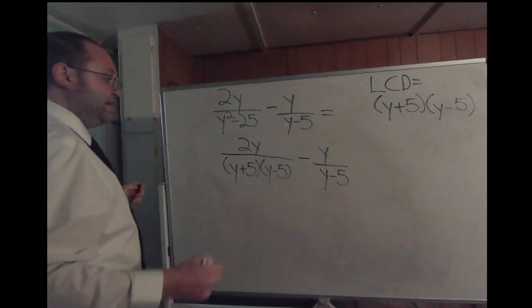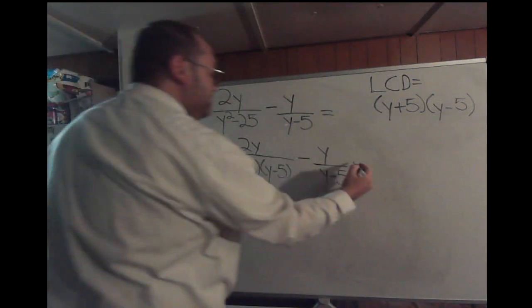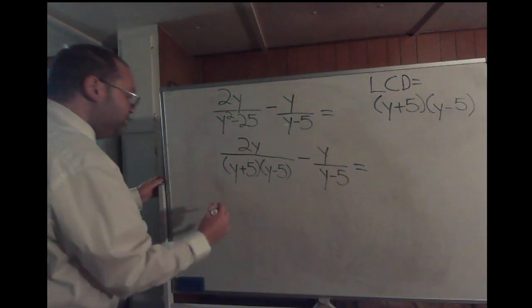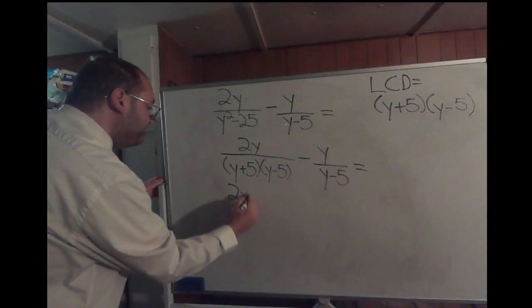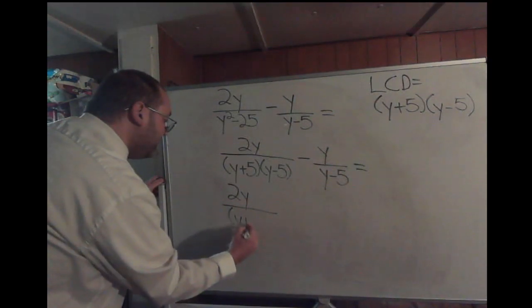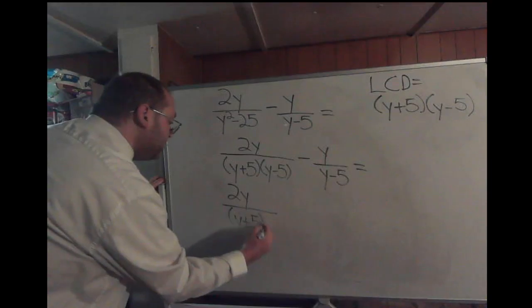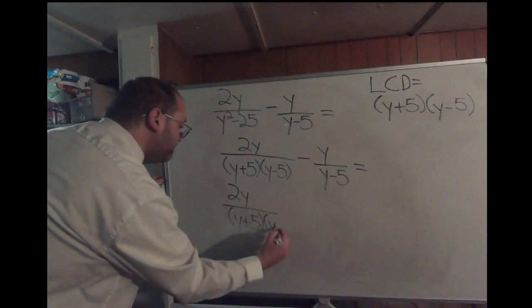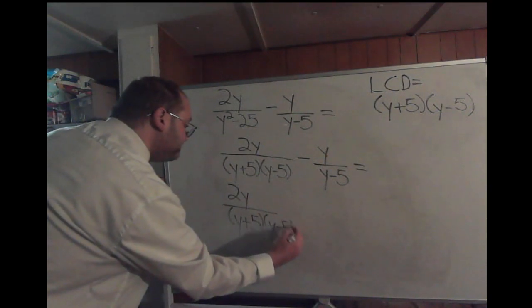That would be your least common denominator. So the first term already has it. We have 2y all over the quantity of y plus 5 times the quantity of y minus 5.